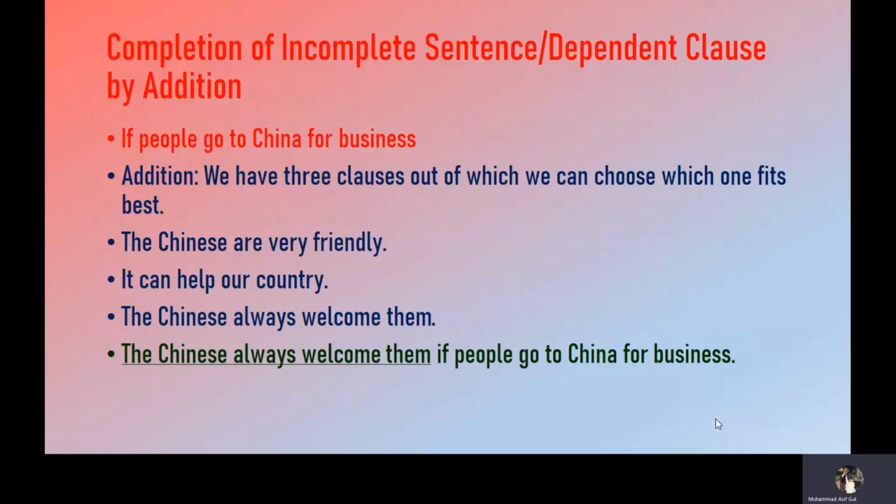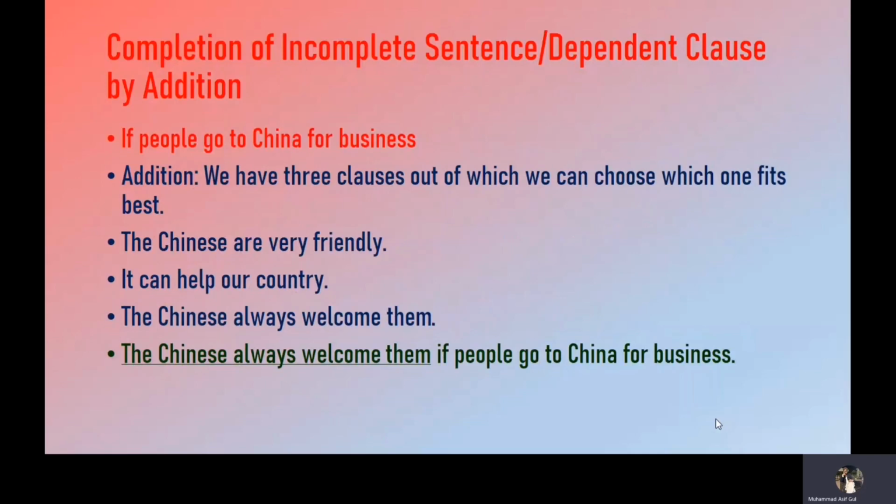By adding this complete sentence, the Chinese always welcome them, we have completed the incomplete sentence which we were given in the beginning of this slide: if people go to China for business. We have completed this dependent clause, this subordinate clause, into a complete sentence by adding a main clause to it.